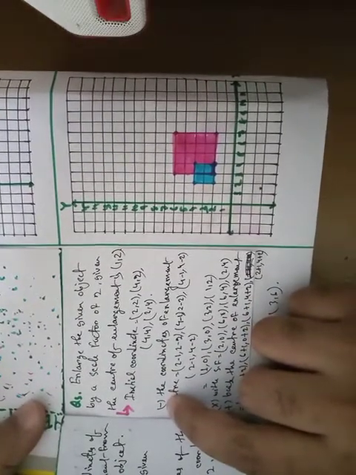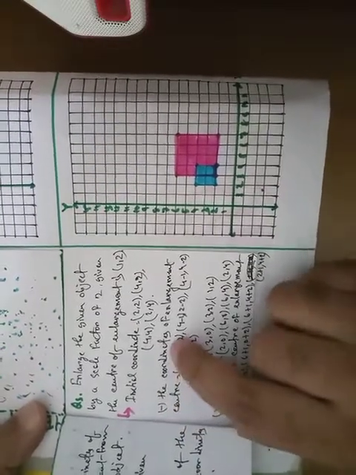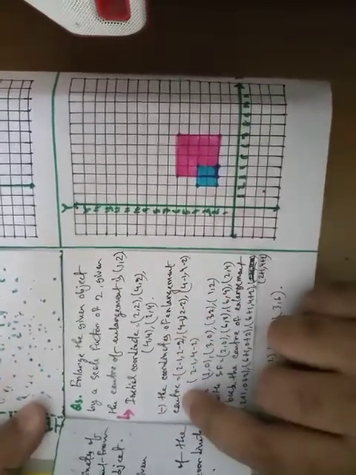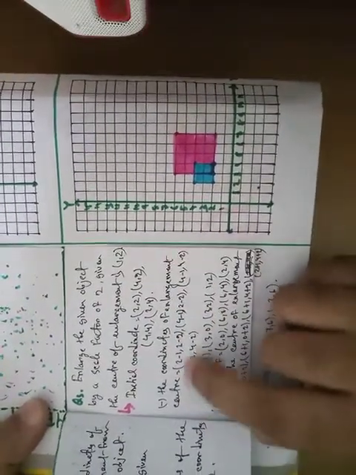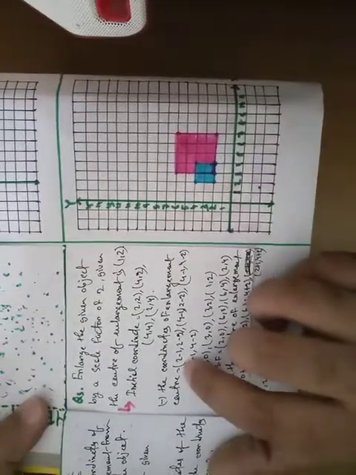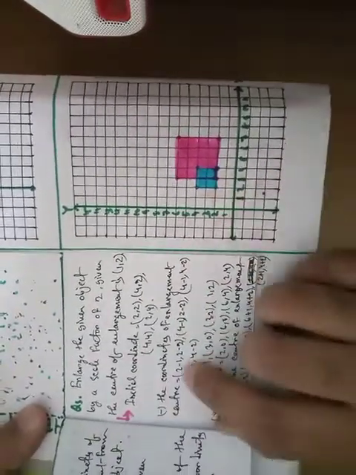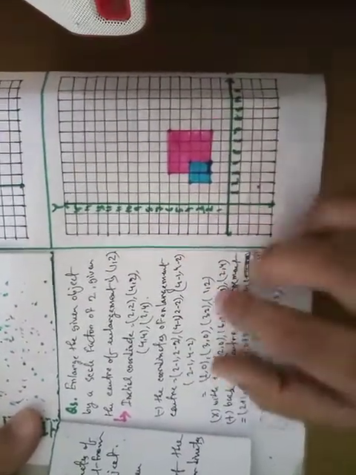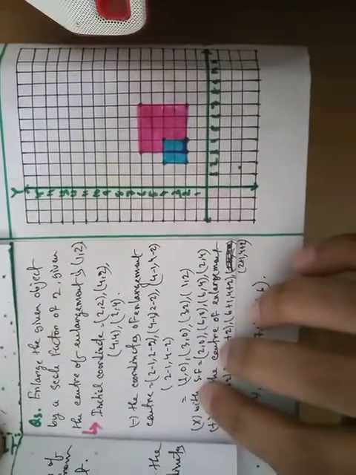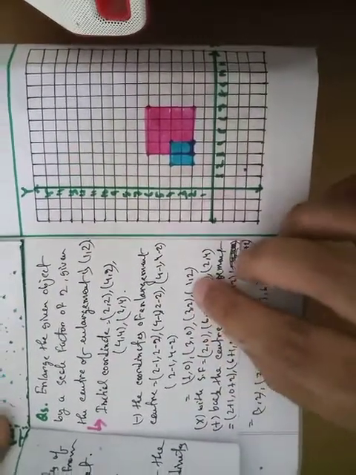This minus sign here corresponds to subtracting the coordinates of the center of enlargement. So after subtracting the center of enlargement from the coordinates of the object, 2 minus 1, 2 minus 2, you do it yourself, I have got (1, 0), (3, 0), (3, 2), (1, 2).